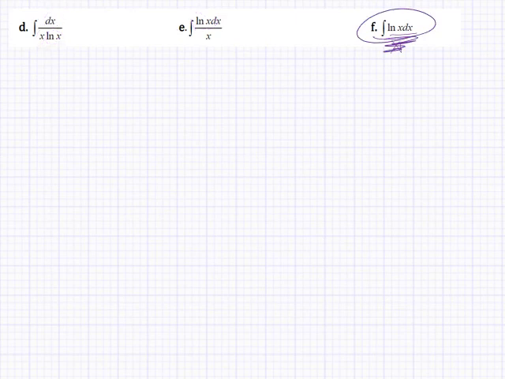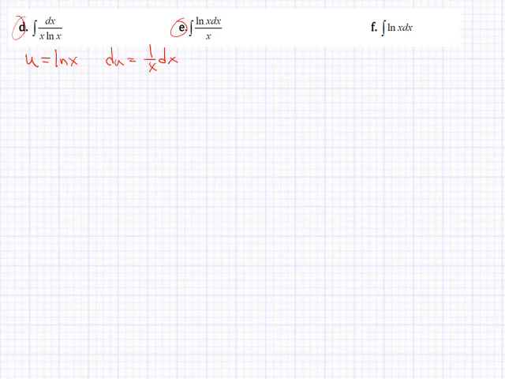Now these three are going to be a little bit more similar than the previous three were in that u substitution across the board. We're going to use basically the same u substitution for the first two, in that u would be log x, and du is going to be 1 over x dx. That's going to work for both d and e, but the integrals that result are different.